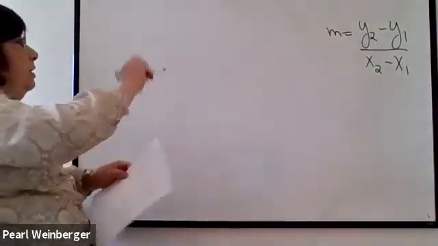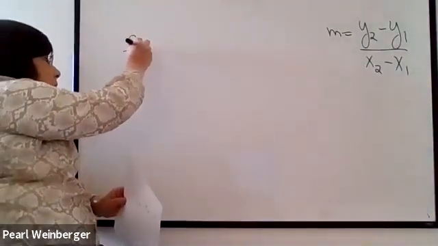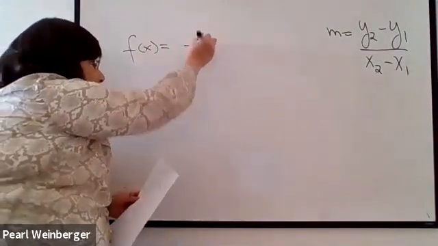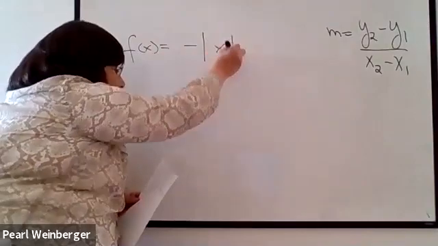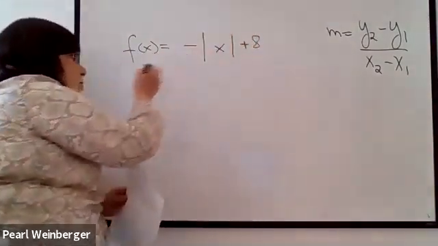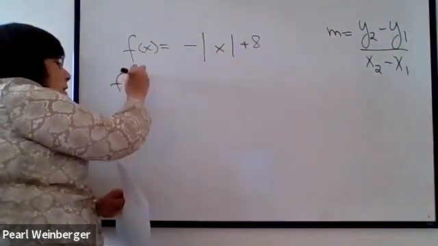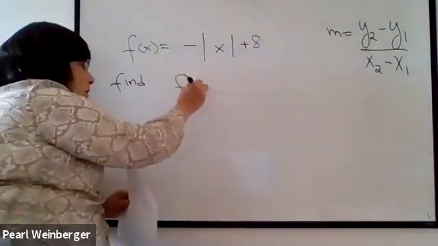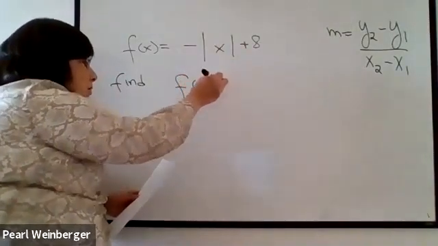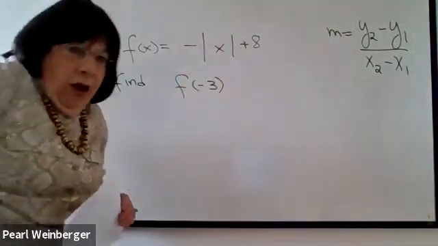Suppose I gave you that f of x is equal to negative absolute value of x plus 8. And I ask you, find f of negative 3. See if you could do that.